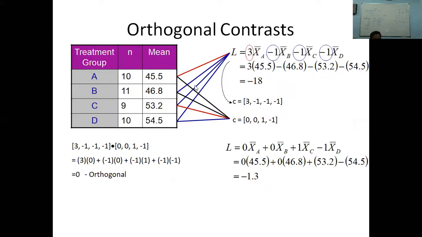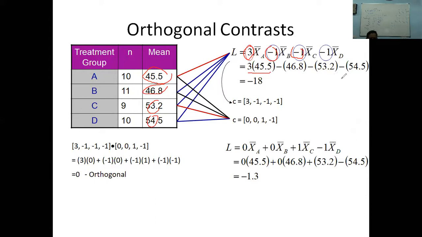Right. So this is just a calculation for the contrast. Let's say if you want to calculate for a contrast, these are the mean value of the first treatment, mean value of the second treatment, mean value of the third, and so on. So these are the coefficients, right? Into their mean values. So 3 into 45.5 and so on.